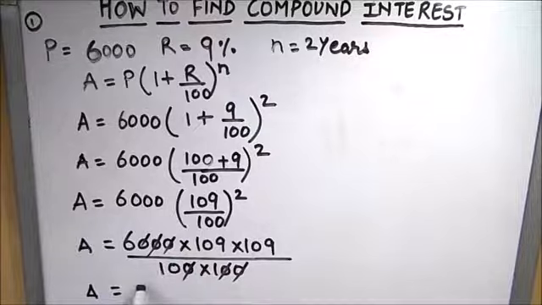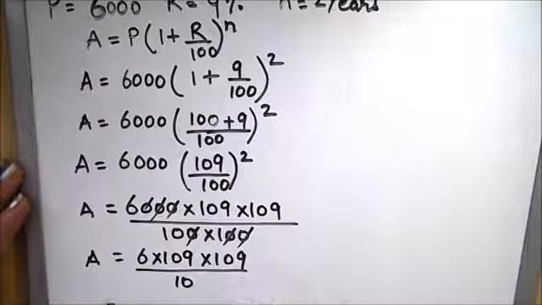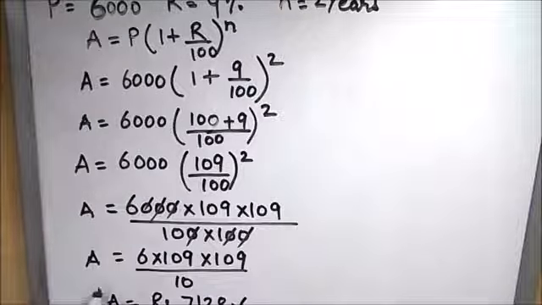So we are left with 6 times 109 times 109 over 10. So amount comes out to be, after solving, rupees 7,128.6. So this is our amount.